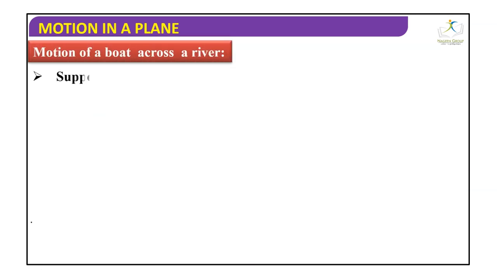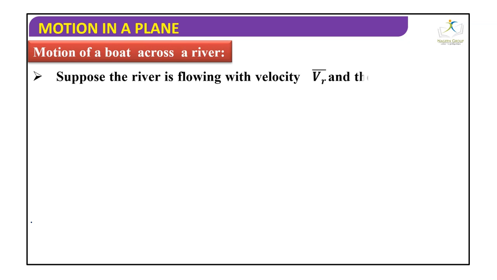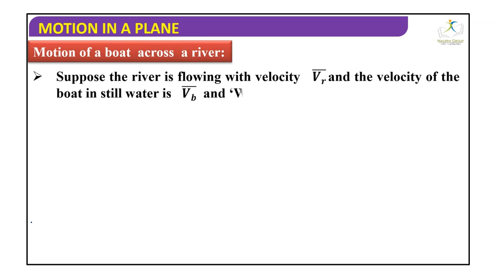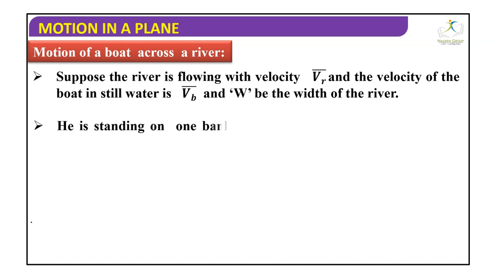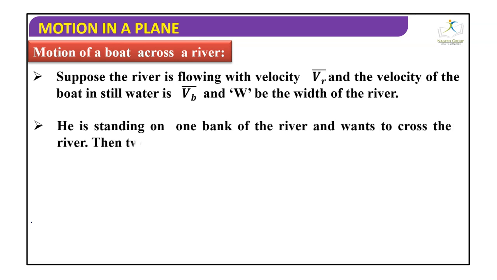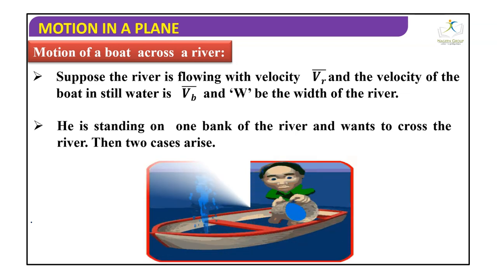Now, motion of a boat across a river. Suppose the river is flowing with velocity Vr, the velocity of the boat in still water is Vb, and W is the width of the river. The person is standing on the bank of the river and wants to cross the river. Then two cases arise.